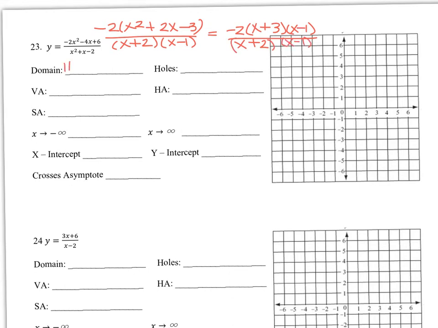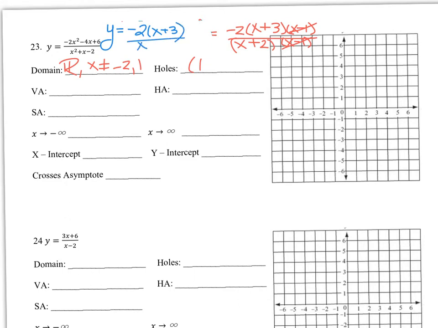So my domain is all real numbers except when my denominator equals negative 2 and 1. I have a hole at 1. So if I erase this so I have space for my new function, my new function is y equals negative 2 times x plus 3 over x plus 2.